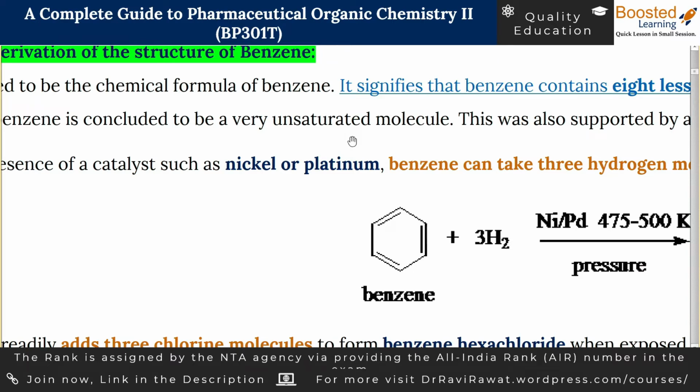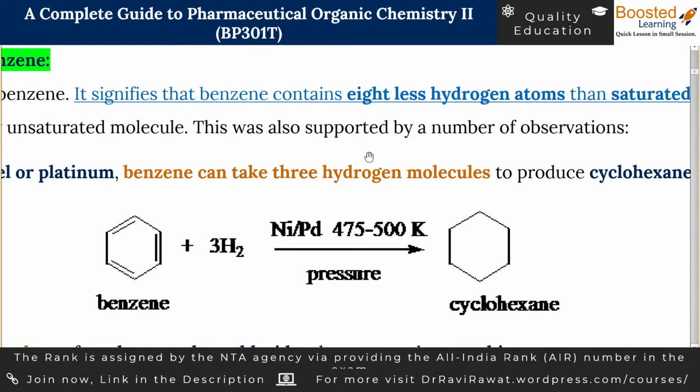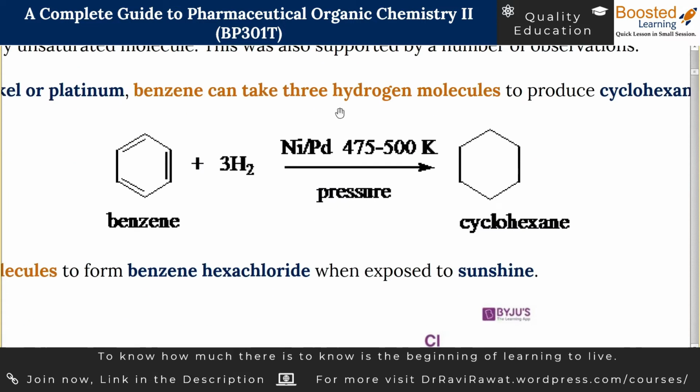This presence of unsaturation in the benzene molecule was supported by a number of other experiments. The things which are coming now are actually the experiments that were conducted, and it was concluded from those experiments also that yes, benzene has unsaturation. Let us see the first experiment.